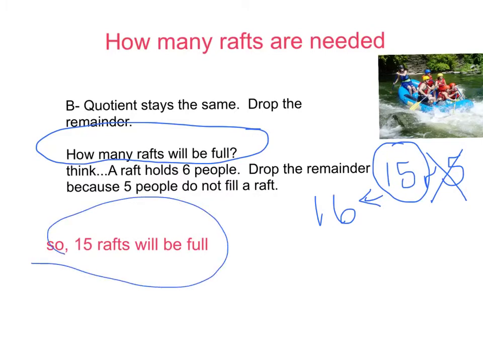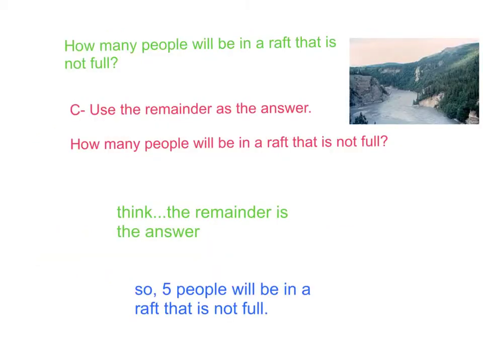And then we're going to the next part of the question, and that's our last question. The next question is, how many people will be in a raft that is not full? Again, I'll remind you that we did the division problem 6 divided into 95. There's 95 people attending the river rafting trip, and only 6 people go into each raft. We determined that there are going to be 16 rafts total. 15 of the rafts are going to be full, okay?